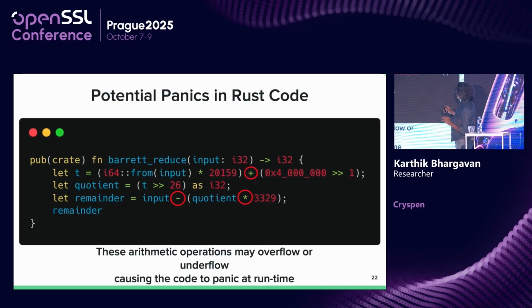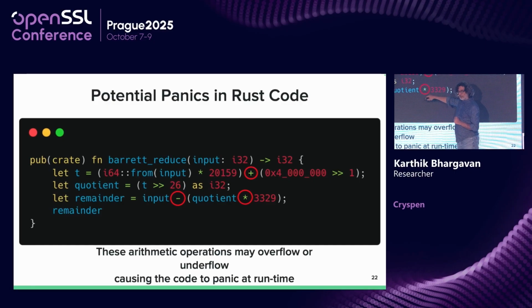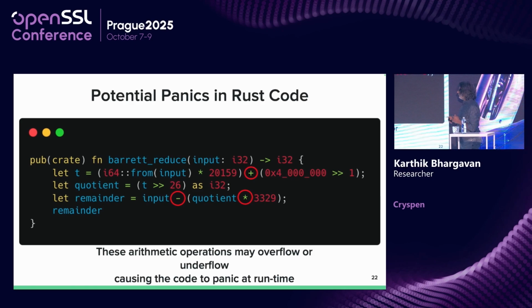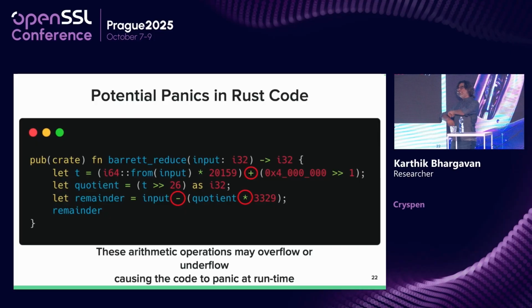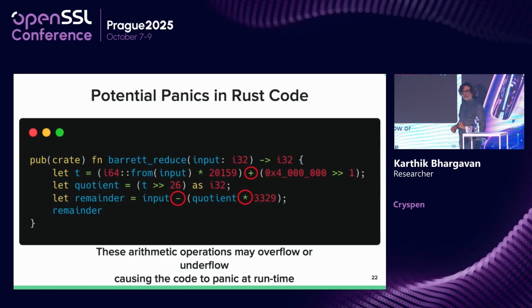The first thing to notice is that there are operations here which can overflow, like Nikki was showing us about SHA-3 yesterday, but this is also a potential overflow. It's not the case that this function works for all inputs. If you take any i32 and try to plug it in there, it's not going to produce the modulus.